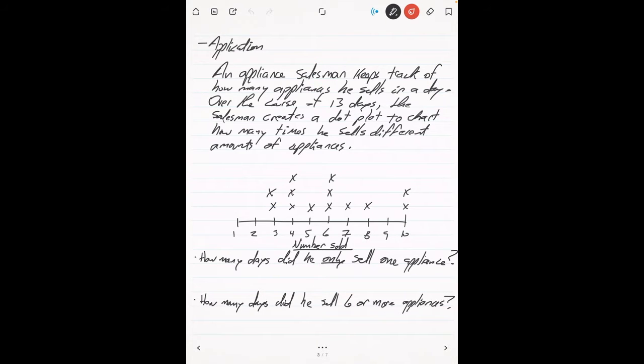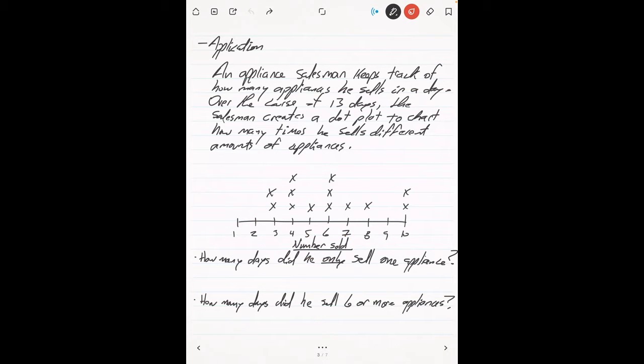Take a look at this example here. We have in this situation an appliance salesman keeping track of how many appliances he sells in a day. Over the course of 13 days, he creates this dot plot to chart how many times he sells different amounts of appliances. We see here on this axis the number of items sold.